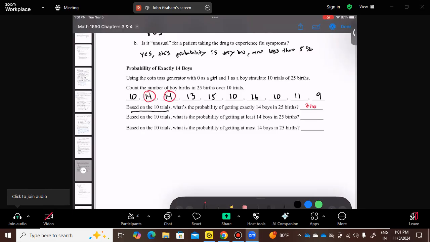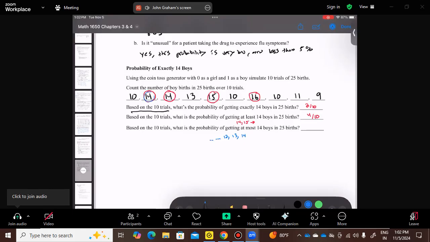Getting the probability of at least 14 boys means you're including 14, 15, and so on. So that happened twice for the 14, and then a 15 and a 16. Everything else is under. So that's 4 out of 10. And then getting at most 14 boys means 14, 13, 12, and so on.